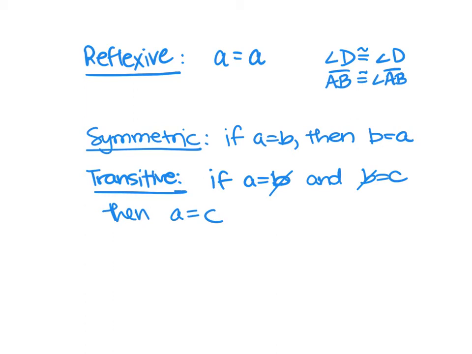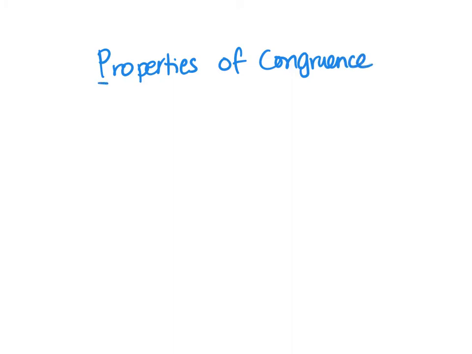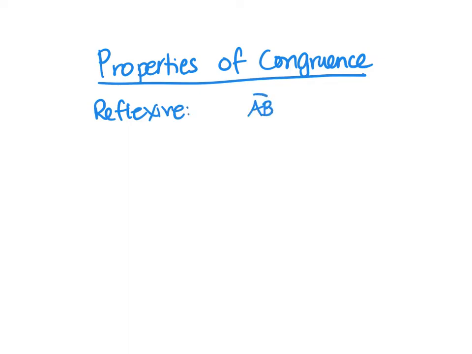And so let me give you an idea of how to use these in properties of congruence. If we're dealing with reflexive, I already told you about this. An example would be line segment AB is congruent to line segment AB.